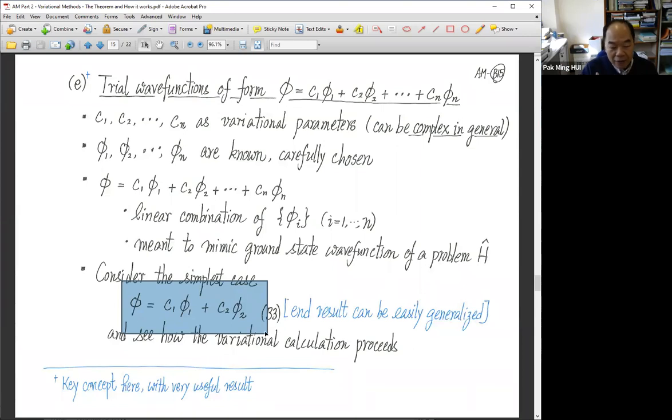So I have a trial wave function phi, which is C1 phi1 plus C2 phi2. Phi1, phi2 are known, it is your selection. C1, C2 are meant to be used as variational parameters. Actually, in quantum mechanics, C1, C2 are in general complex.